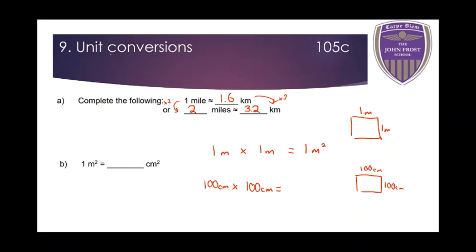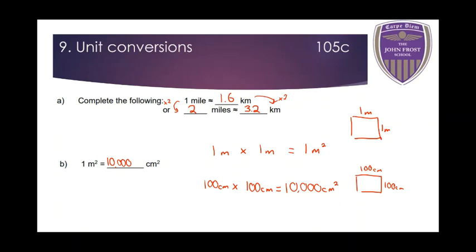Then we just multiply these out. 100 times 100 would be equal to 10,000 centimeters squared. So therefore, 1 meter squared is equal to 10,000. Okay, so 2 zeros there and 2 zeros there. Make sure your answer has 4 zeros in it.